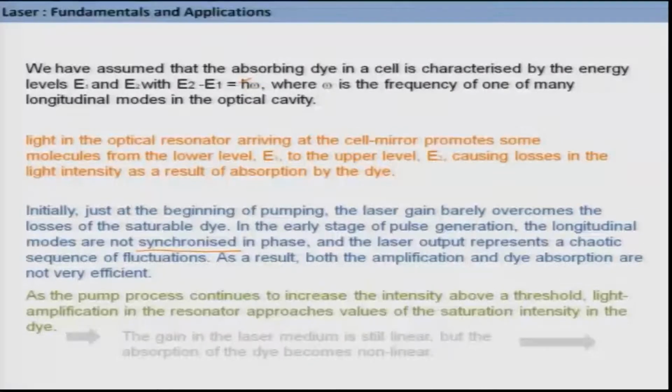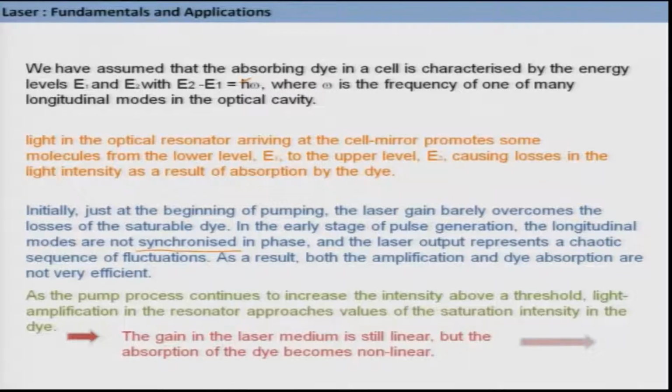When this happens, the gain in the laser medium is still not increasing very rapidly. This is still in a linear regime, that is slowly increasing. The gain is slowly gearing up, but still not in a very abrupt, non-linear way. But the absorption of the dye becomes non-linear.